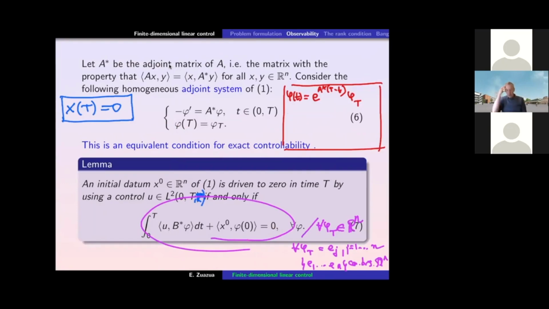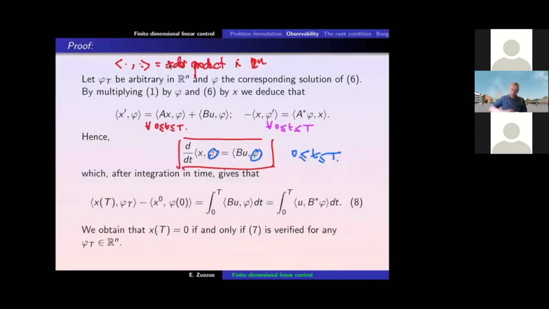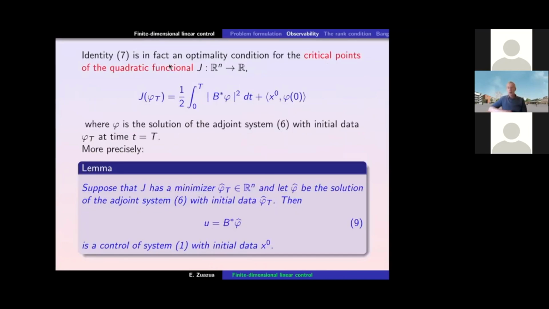Now, when you look at this, you say, well, this is the unknown u. This is a bilinear form. x0 is given. This is a linear form. This really reminds me a lot of the Lax-Milgram lemma. You remember the Lax-Milgram lemma?